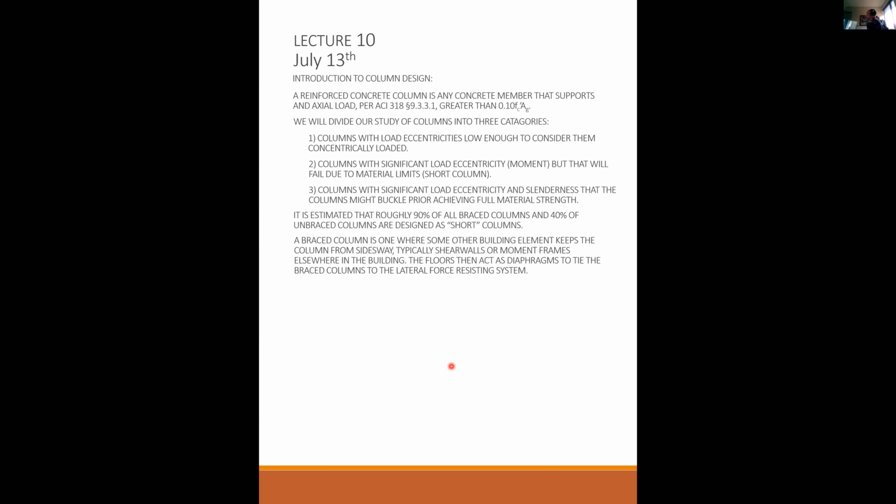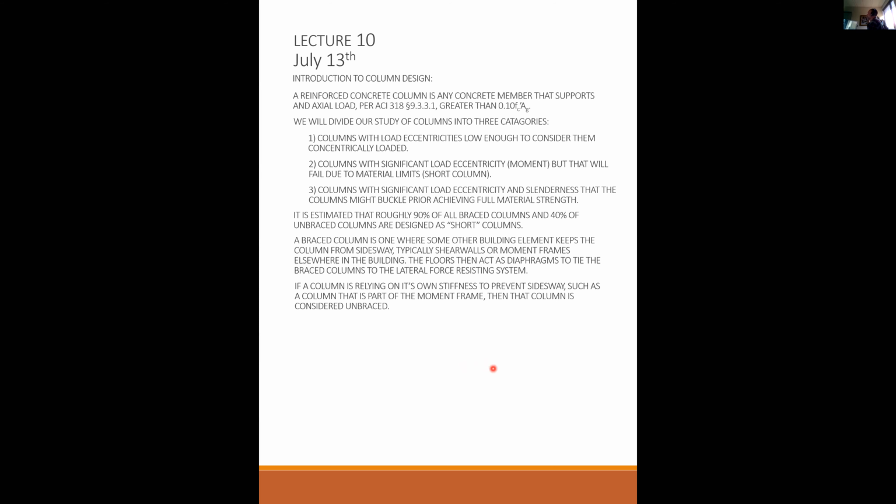A classic example is our Cal Poly parking garage. If I remember right, it's been a while since I've been to Cal Poly, but I think it's a 5-story garage. Those columns in that garage would not work if they weren't braced at every floor. They'd be too tall and slender. But they are braced at every floor because the concrete floors are poured right up against the columns. And if that column were to try to buckle out of plane, the slabs won't let it.